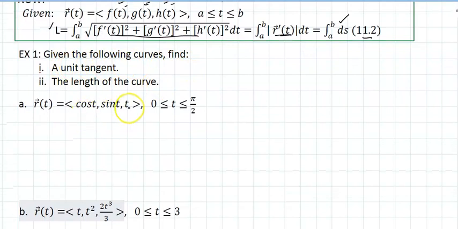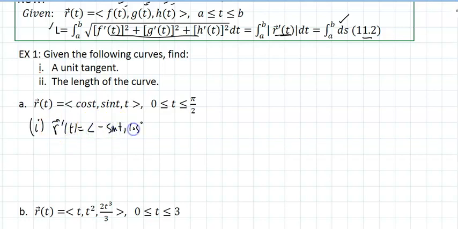So, given the following curve, and we know what that looked like, no need to graph it, but you could if you want. Find a unit tangent and find the length of the curve. Unit tangent, that's preparing you for curvature. Unit tangent, well, let's see. A tangent vector would be r prime of t, right?